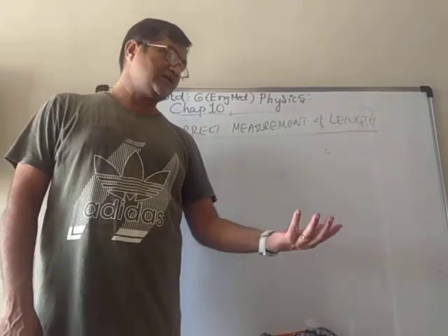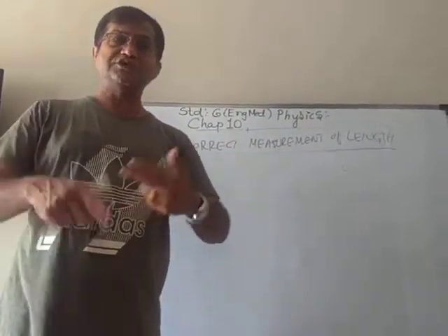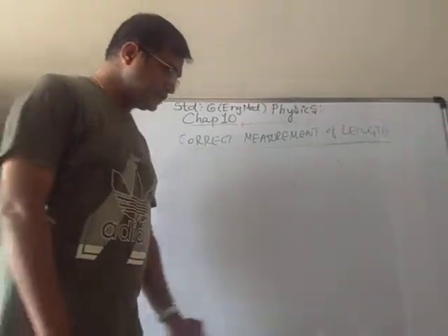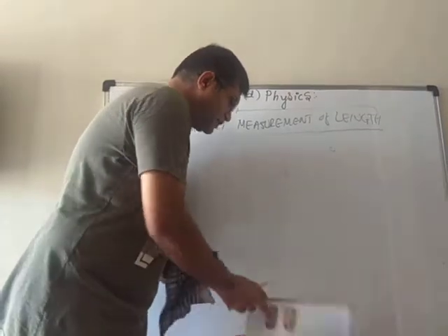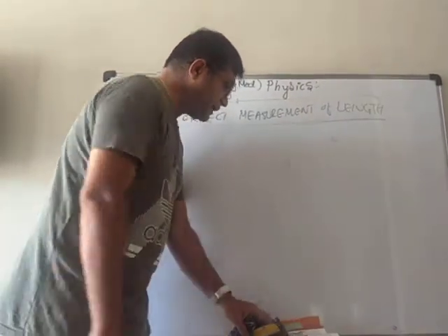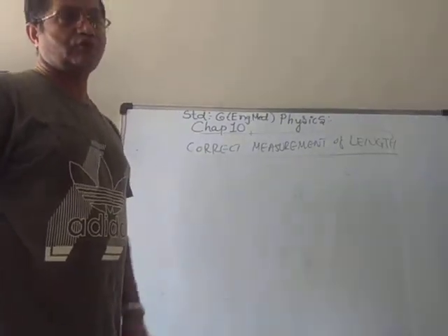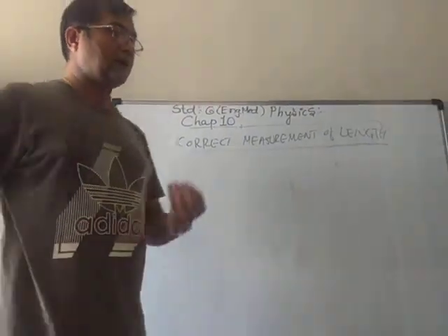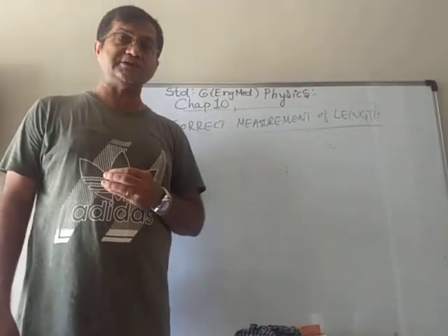If you go to the tailor shop, they have a measuring tape which can be flexible also. So we are using different types of measuring devices. Now you have to choose a suitable device, whatever you want to measure the length of.